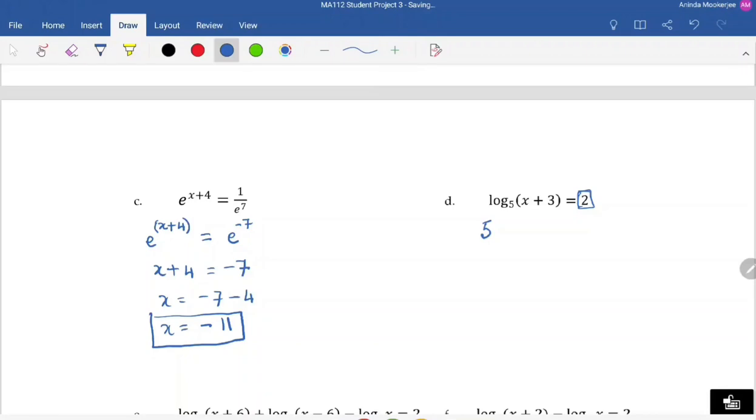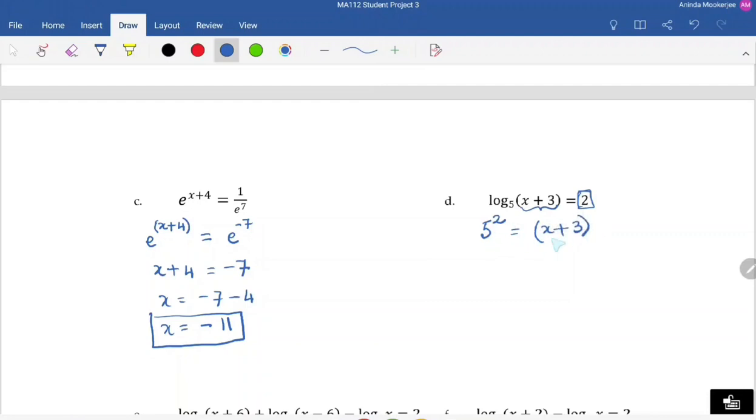All right, so the 2 is going to be the exponent of 5, and x plus 3, which is also referred to as the argument of log base 5, goes to the other side, is the evaluated value from the exponent. So it's going to be x plus 3.